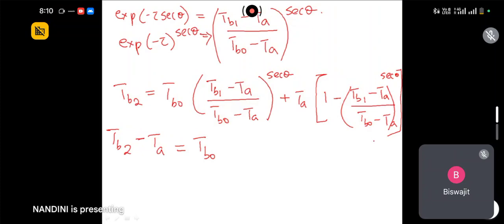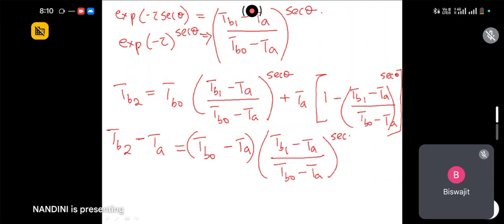So we can write TB0 minus TA into TB1 minus TA by TB0 minus TA the whole raised to sec theta, right? Now we know the value of sec theta.